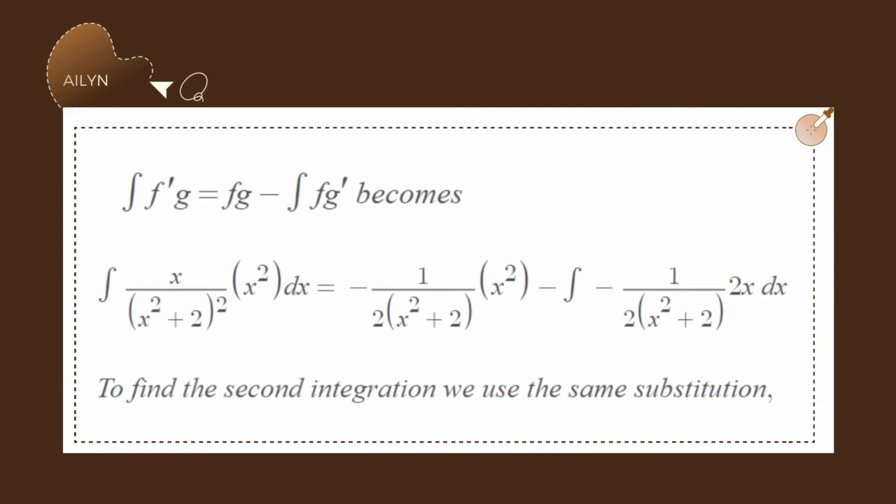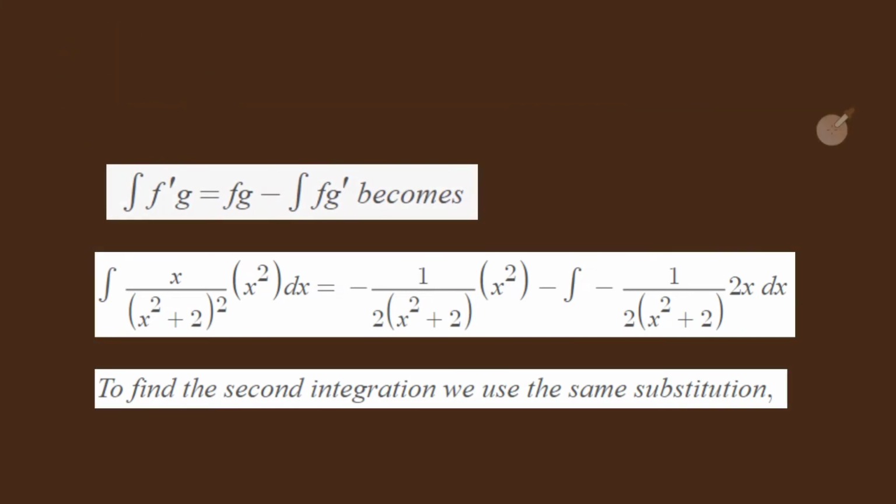Using the following formula, the integral of the first derivative of f times g is equal to f times g minus the integral of f times the first derivative of g, which will become the integral of x over the square root of x squared plus 2 times x squared dx equals negative 1 over 2 times x squared plus 2 times x squared minus the integral of negative 1 over 2 times x squared plus 2 times 2x dx.